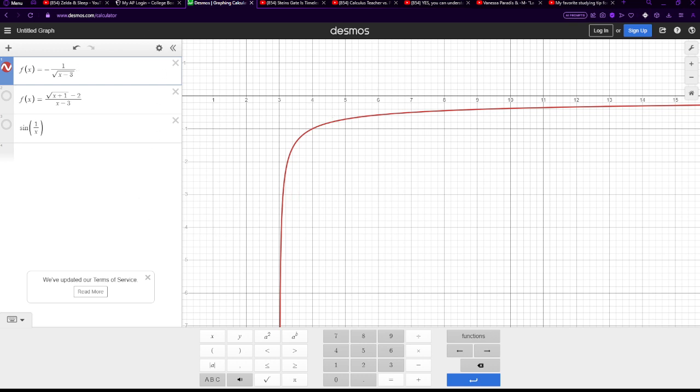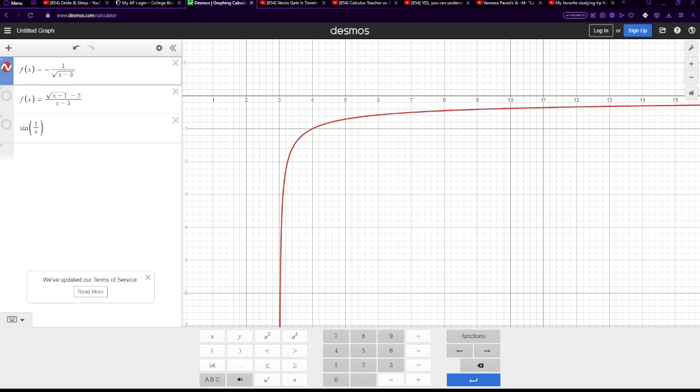So the limit says: as x approaches 3 from the positive side of the function of -1 divided by the radical of x minus 3, where the radical is the square root.